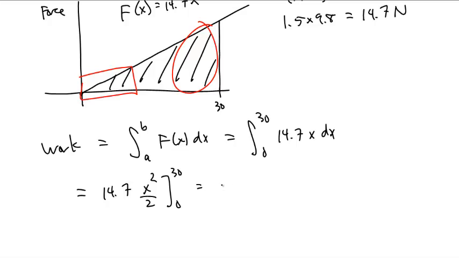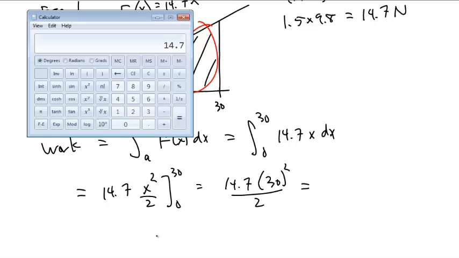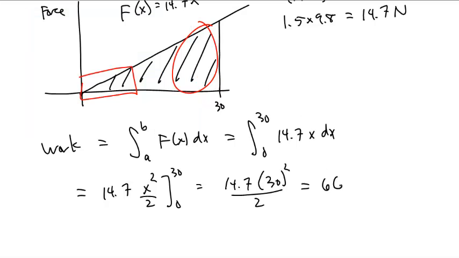Plugging in 0 doesn't do anything, so it's 14.7 times 30 squared all over 2, which is 30 squared times 14.7, divided by 2, equals 6,615 joules of energy.